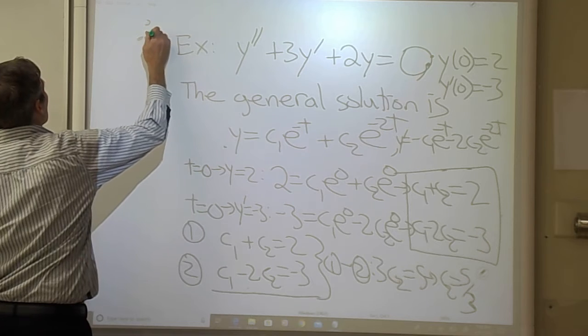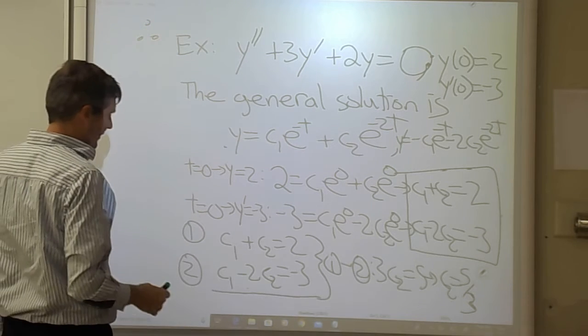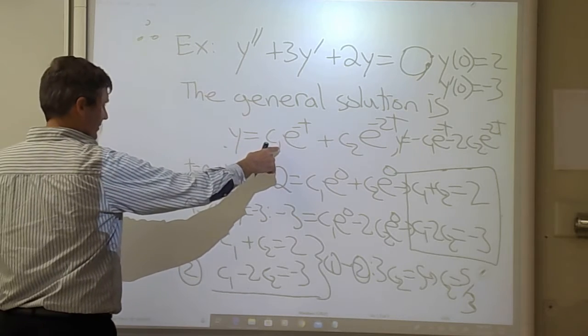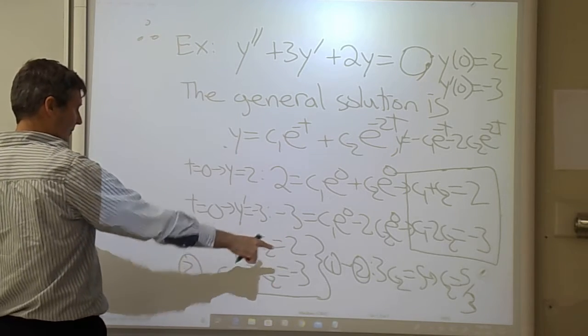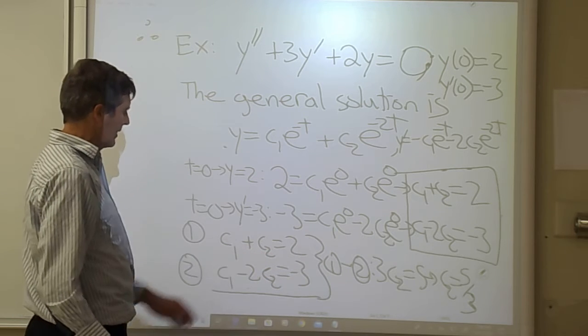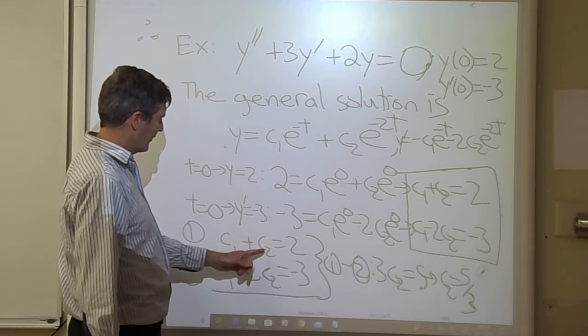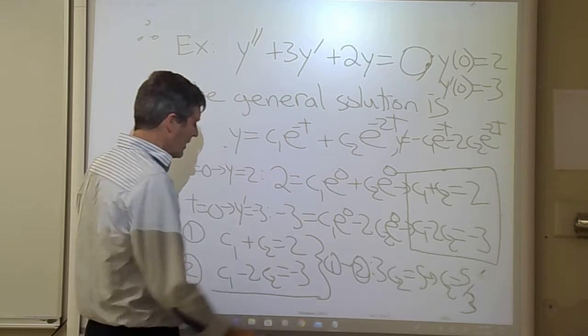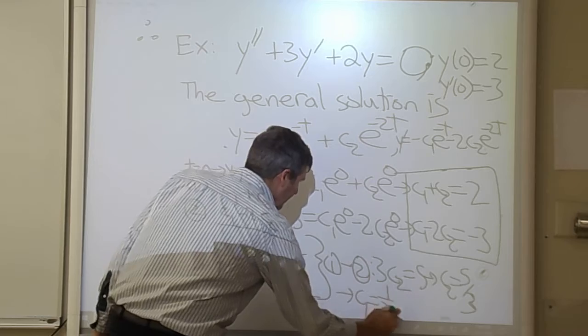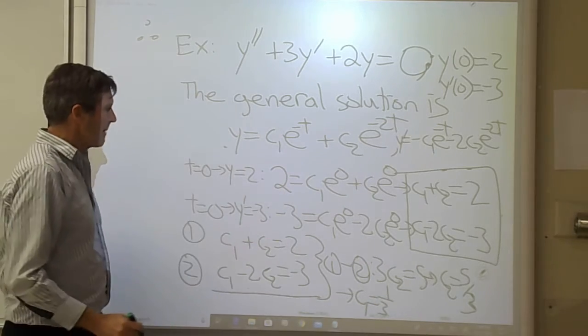Oops, I didn't finish finding c1. Now you can plug 5/3 into either equation to get c1. If c2 is 5/3 and c1 plus c2 equals 2, that tells you that c1 is 1/3. 5/3 plus 1/3 is 2.